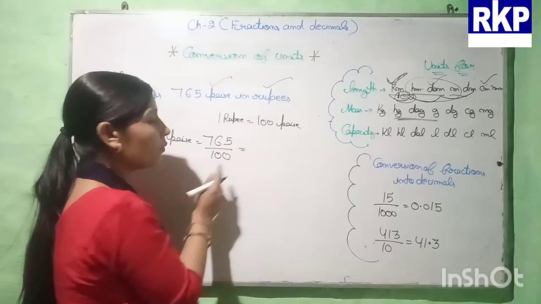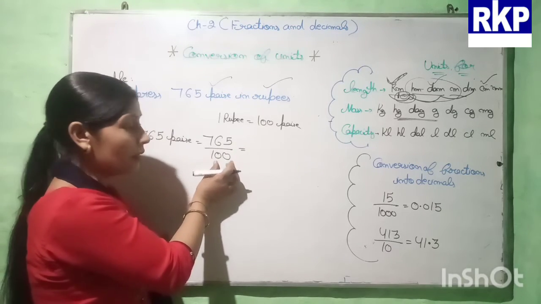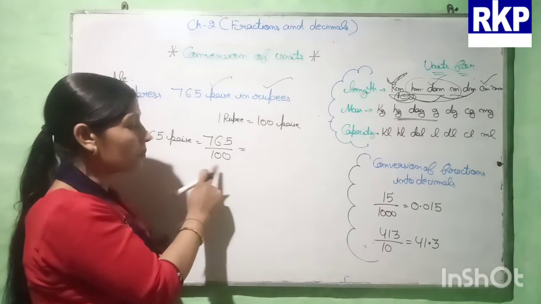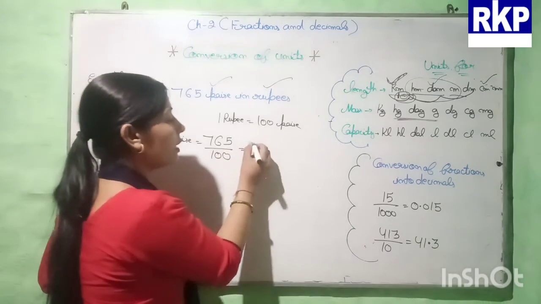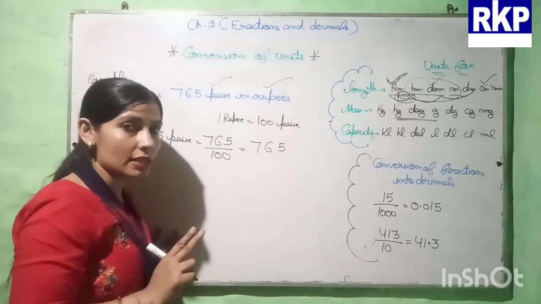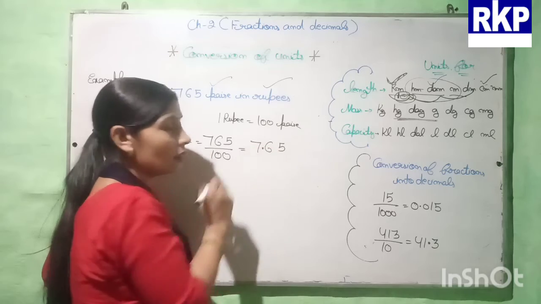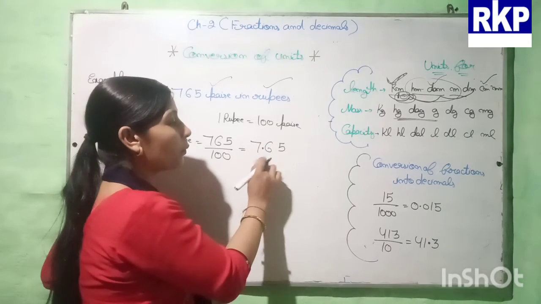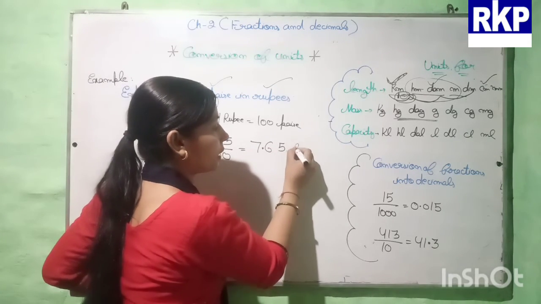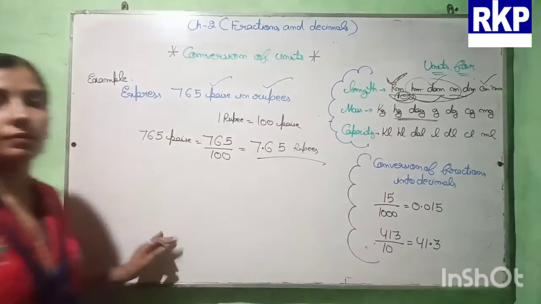Now we can write the answer directly. Here we are having 100, means 2 zeros after 1. First we will write the numerator as it is. Now we have to leave only 2 digits from the right side. So 1, 2. Here we will put the decimal point. So 7.65 rupees will be the answer.